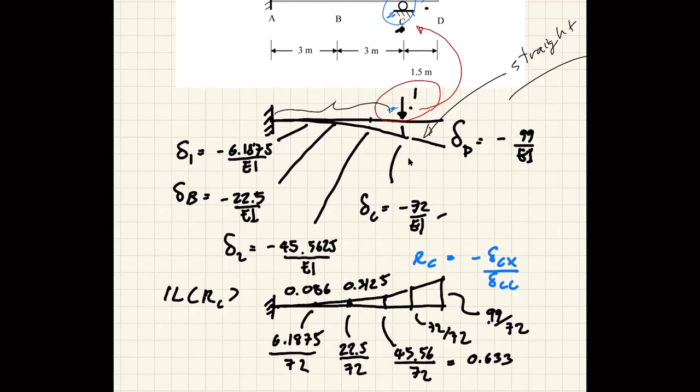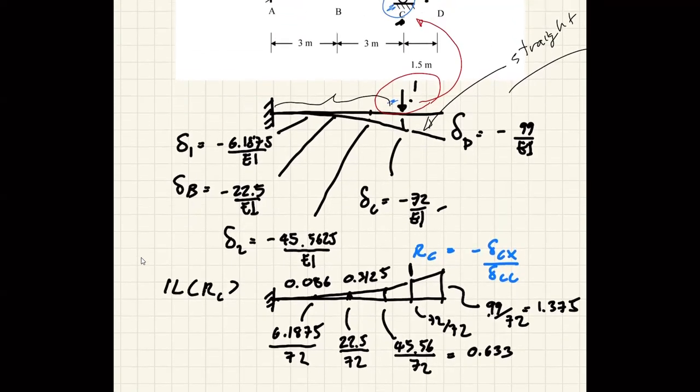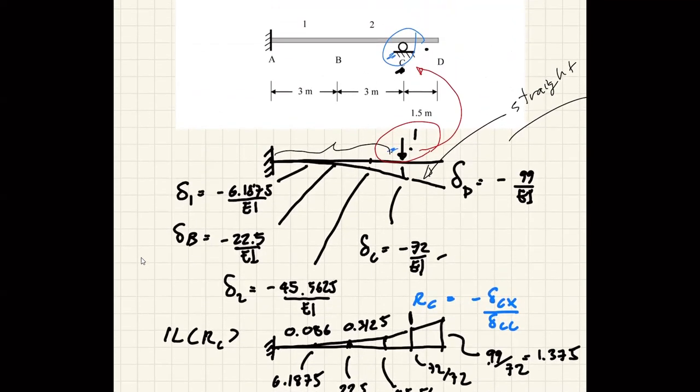That is 1, of course. And this one is 1.375. Okay, and like the first one, once you have solved one reaction, this structure becomes a determinate structure, and you can simply solve what comes next in your way, which is the moment at B, at A, I'm sorry.